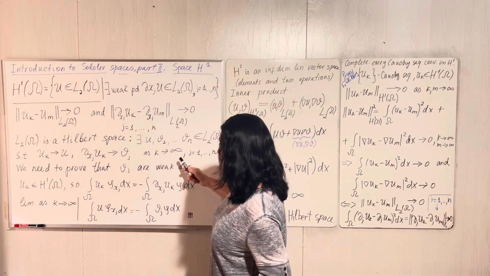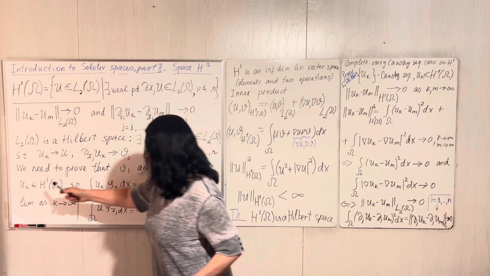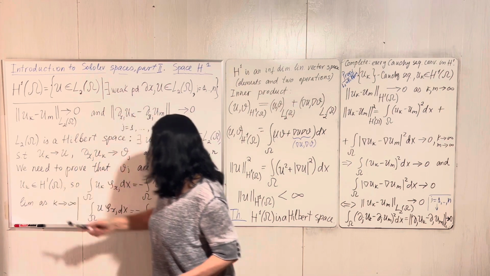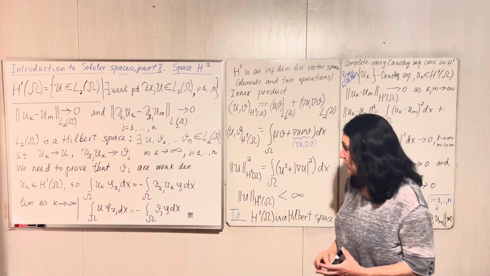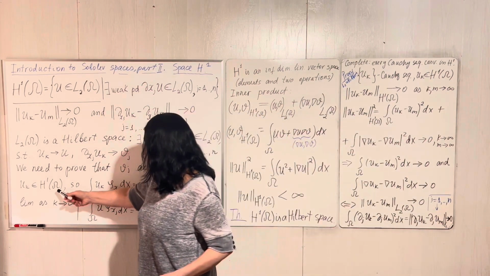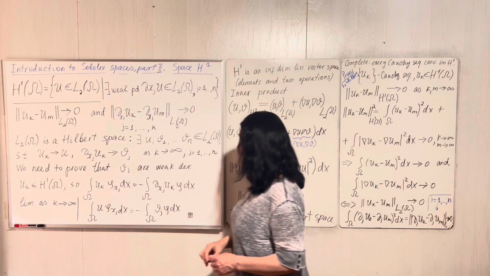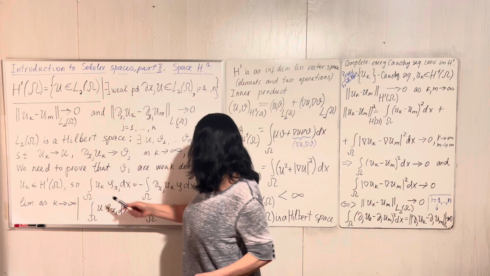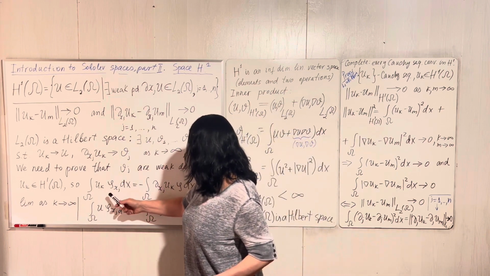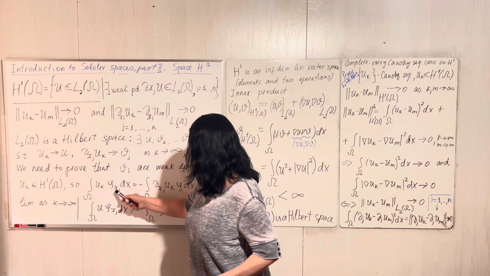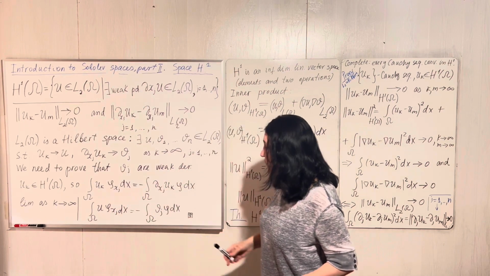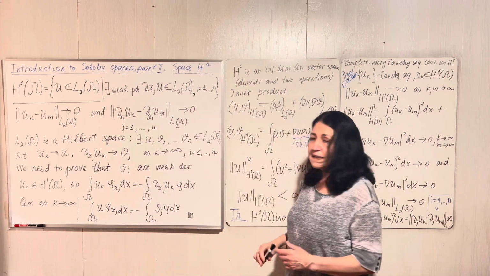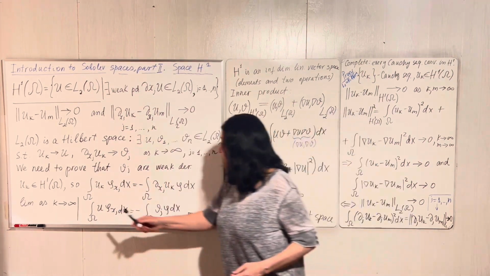And to show that, we will start with uk. Each element of our sequence uk is from the Hilbert space H1. So weak derivatives exist for such functions, and we can write this formula where we switch a derivative from phi to u. Then, starting with this formula, we take a limit as k approaches infinity.